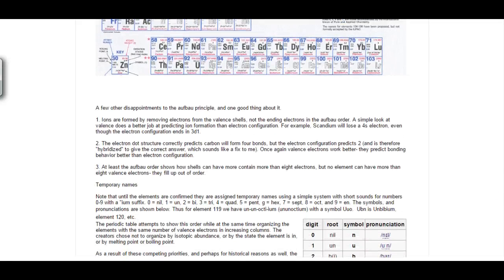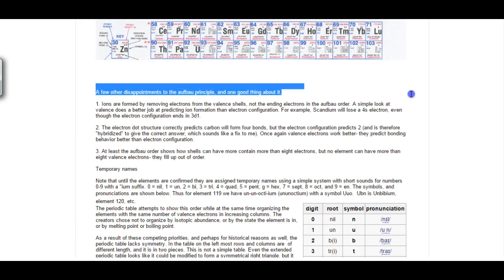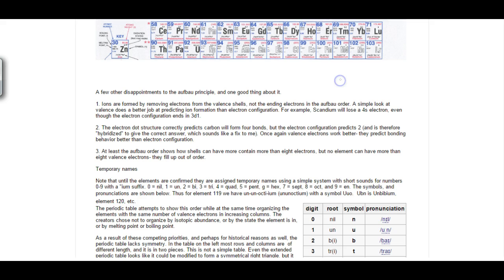Finally, let's talk about a few more electron configuration limitations, and let's show you the naming system for the new elements. Okay, one thing about the Aufbau order is that you would think if you had an element like scandium, whose ending electron configuration is 4s2 and then 3d1, this might be the electron that gets lost when it forms an ion, but in fact it's not.